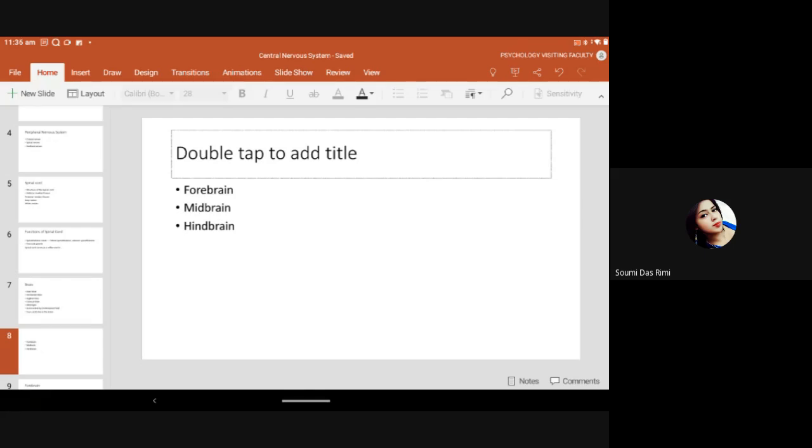These three sections are included in the telencephalon, and it is the largest division of the human brain. The cerebral cortex covers the two cerebral hemispheres, while the basal ganglia is placed in the subcortical area in the brain.